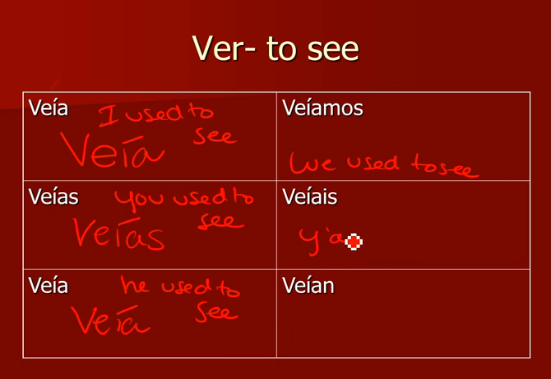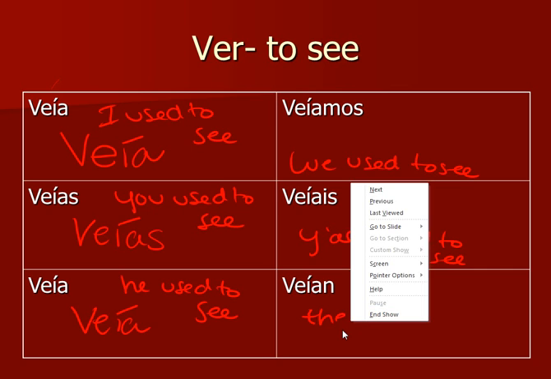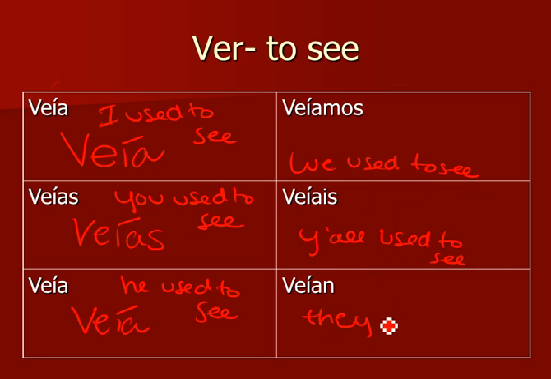Y'all used to see or watch. And they or you guys used to see. So in that context, we could say, I used to watch cartoons every Saturday. So veía las caricaturas o los dibujos animados el sábado. So when I was a kid, cuando era niño. So veía, I used to see.